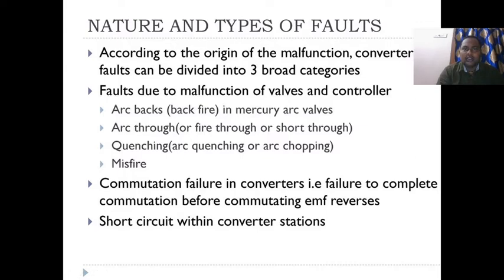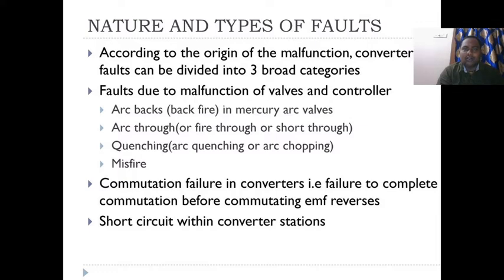Normally in converters there is a firing angle alpha. Based on that firing angle, the converter acts as a rectifier or as an inverter. So malfunction means the firing angle alpha does not fire at the exact firing angle.